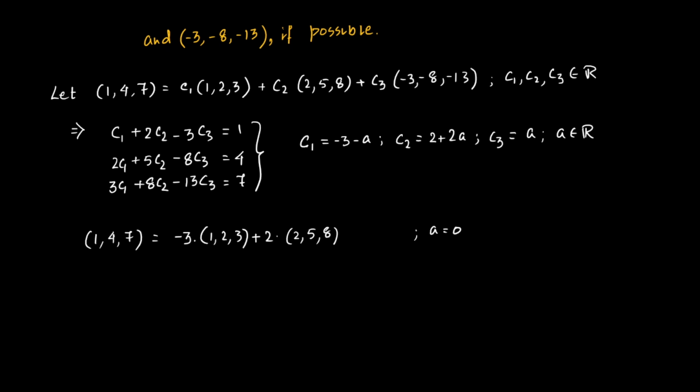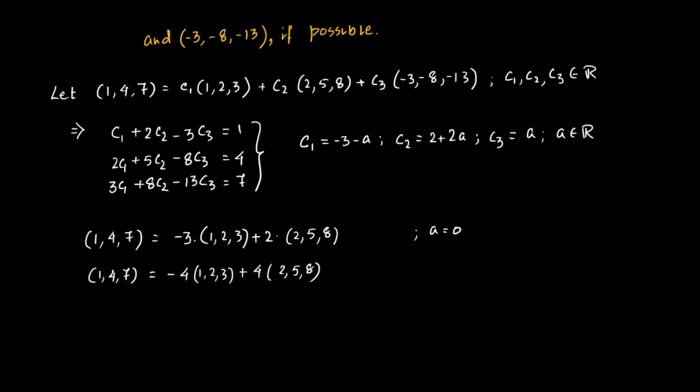In a similar way, if I plug in a equal to 1, then I'll be getting (1, 4, 7) is equal to, C1 will be minus 4, so minus 4 times (1, 2, 3). C2 is 4, so 4 times (2, 5, 8).